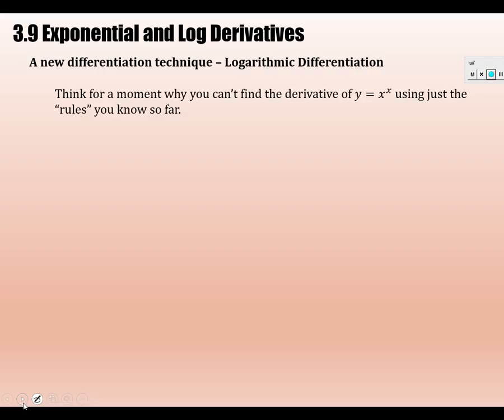So x to the x, can you just think about why that can't really be tackled completely with the tools we currently have? I think you're tempted to say, oh, this is just like x squared, I could use the power rule. Oh wait, no, it's not really that. No, this is just like a to the x, or 2 to the x, and I could use that rule.